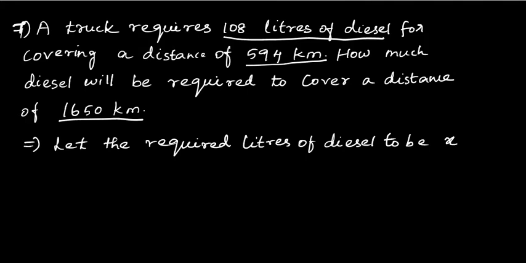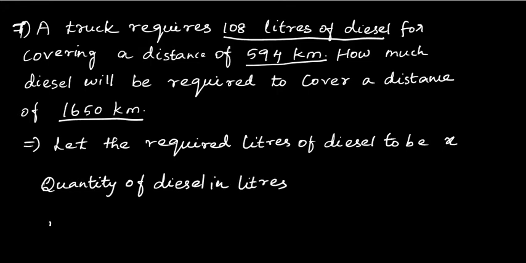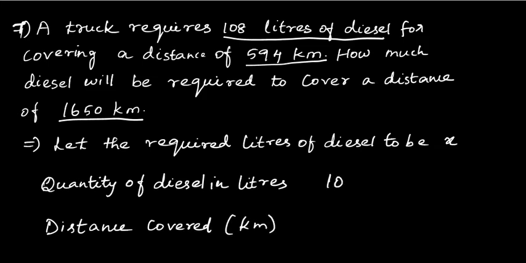So for the tabular column, we'll write quantity of diesel in liters and distance covered in kilometers. So to cover a distance of 594 kilometers, we need 108 liters of diesel.